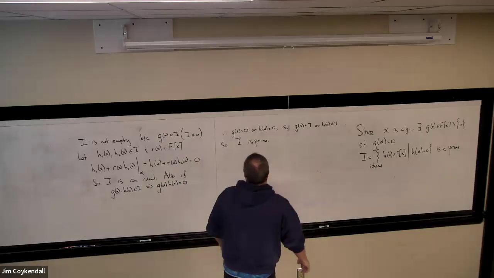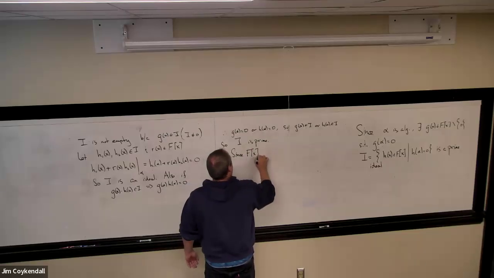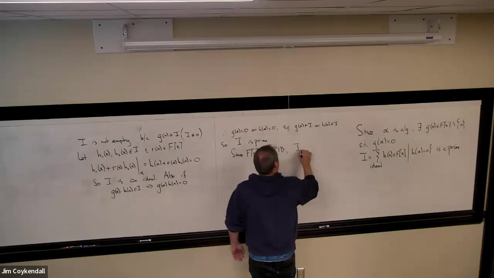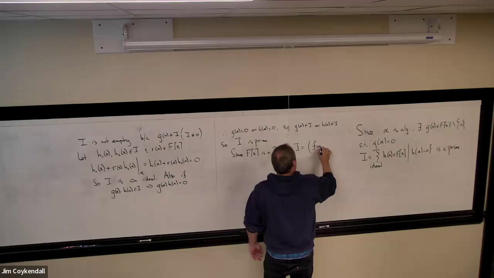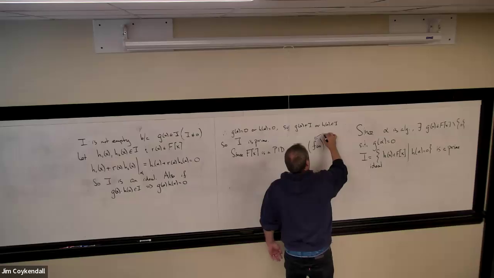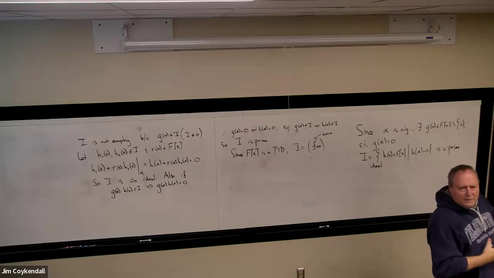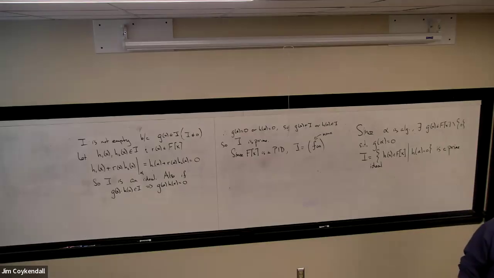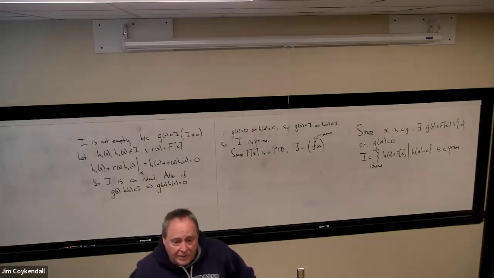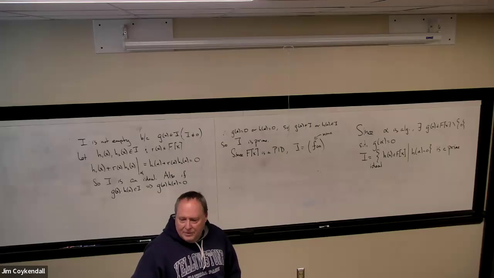So it is generated, F[x] is a PID, I is generated by f(x). And here we can assume f(x) is monic, because if it's not, I'll just divide through by its leading coefficient, its highest degree coefficient, which of course is a unit in F[x]. So I guess it's monic.